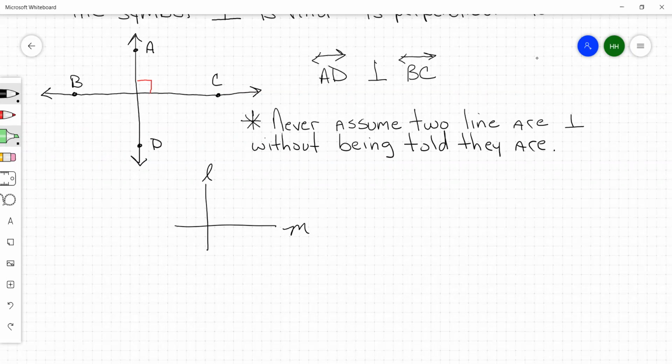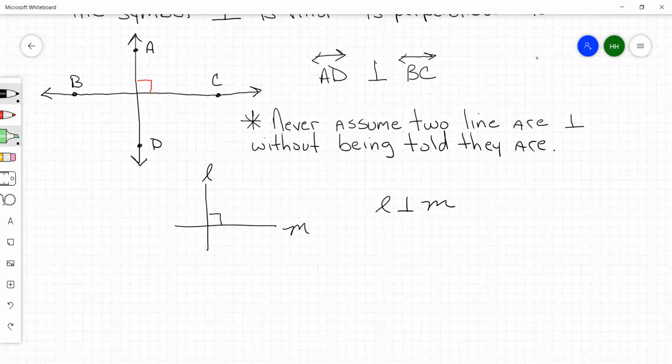Agreed? But unless this symbol is here, or you're told that L is perpendicular to M, then that angle is not 90 degrees. It is not 90 degrees unless you're told that it's 90 degrees, or you have some sort of proof that it's 90 degrees.